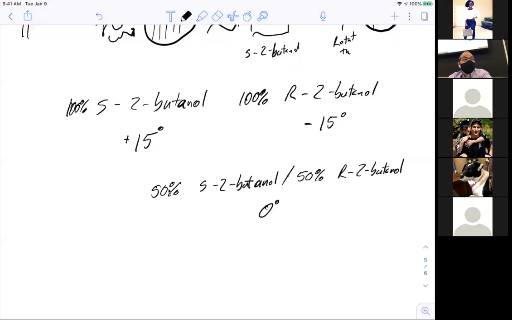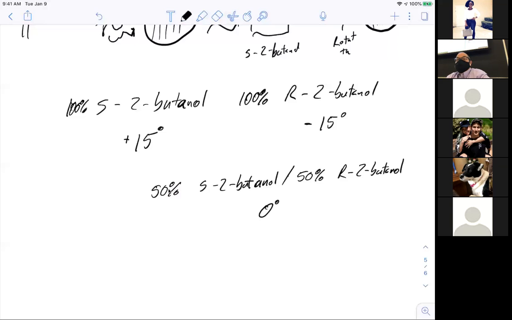So what you can do is use the optical rotation of a sample to determine the purity of the molecules, right? And so I can determine if a molecule is going to be all S if it matches the determined percentage, but I can also tell if a sample is 25% S and 75% R, right?